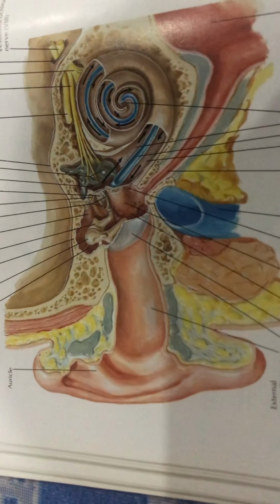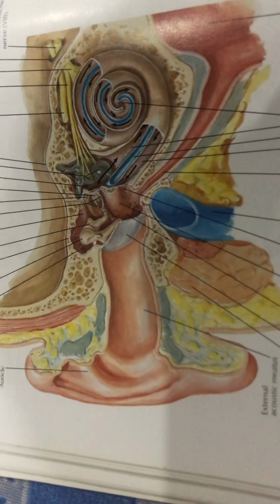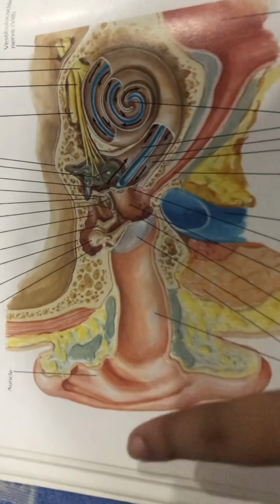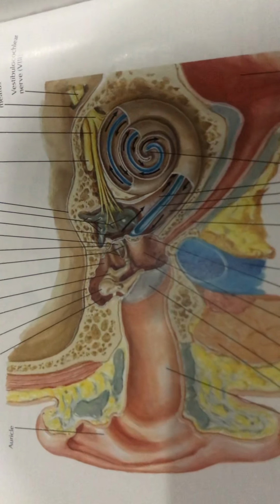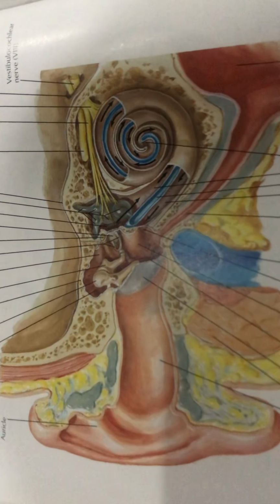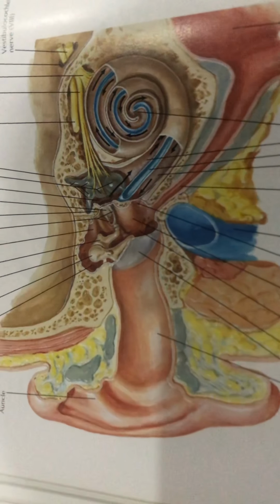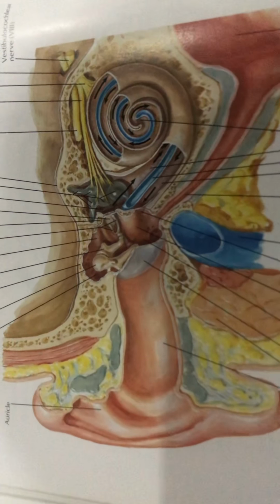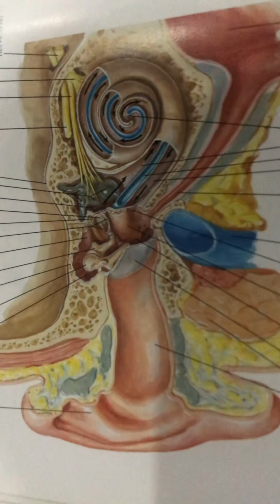Now, why is the air conduction in case of a sensory neural loss above 25 decibels? That's because the sound waves have to travel via the external ear, the middle ear, and ultimately stimulate the cochlea or the auditory nerve. And since here the defect lies in the cochlea or in the auditory nerve, even if the sound waves can travel normally through the external ear and the middle ear, they cannot stimulate the cochlea or the auditory nerve, since the defect lies at the sensory neural level.